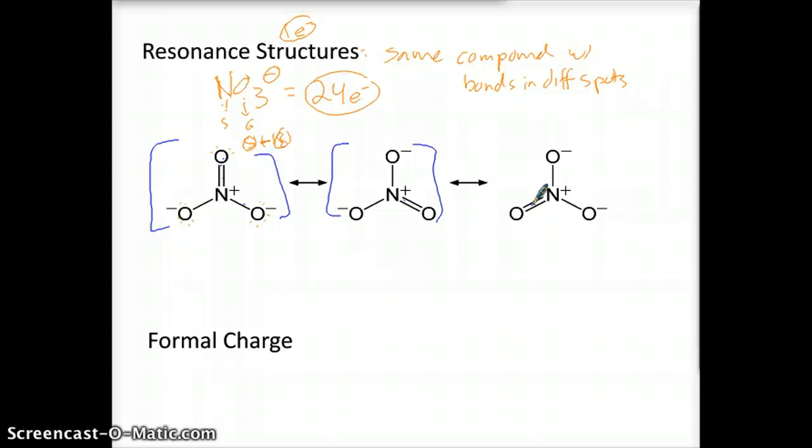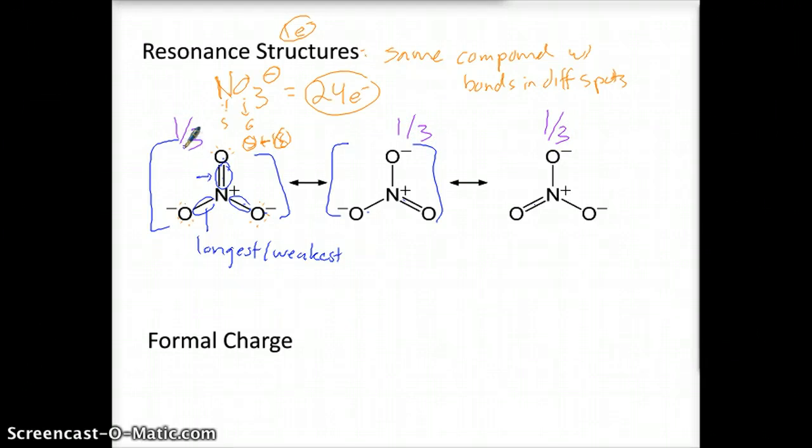What's important to know? Well, this single bond we know is the longest and weakest compared to this double bond. So you might think, oh, this bond is stronger than these 2. But in reality, if you have a room full of nitrates, thousands of them, what this is saying is that a third of them will look like this, a third will look like this, and a third will look like this.